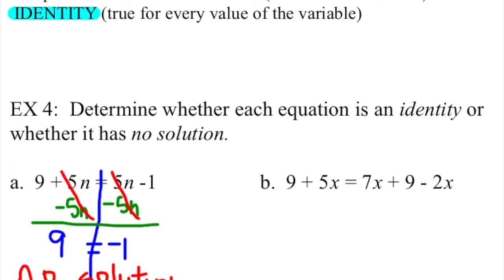we will be looking at a similar setup. Again, we're dealing with an equation that has variables on both sides, but a little different this time. If you look at the right-hand side, you will notice that we have like terms over here. So our like terms on the right-hand side are 7x and negative 2x.